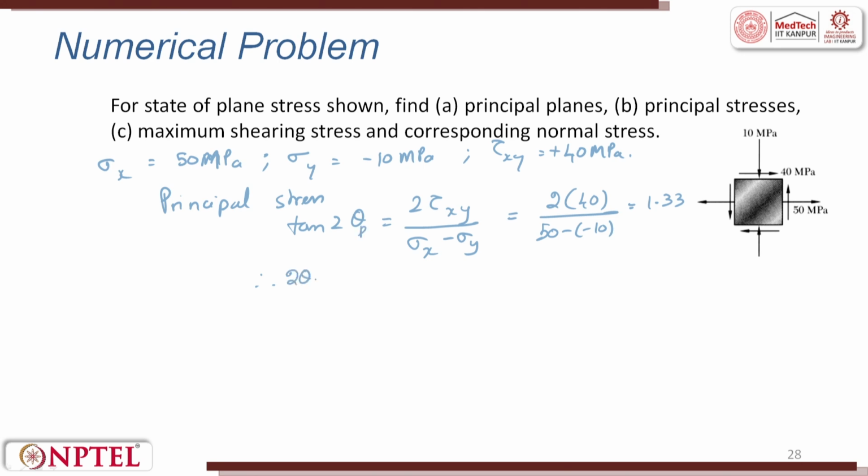So 2 phi p is equal to 53.1 and 233.1 degrees, or phi p is 26.6 or 166.6, right. Next, this is A.